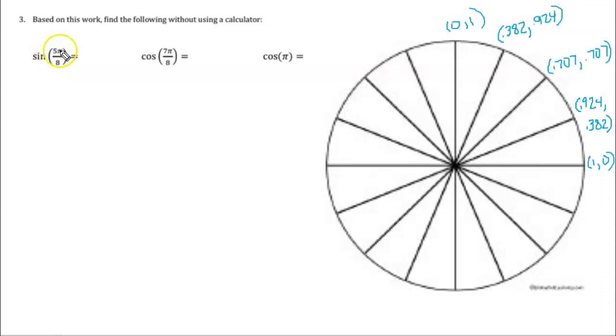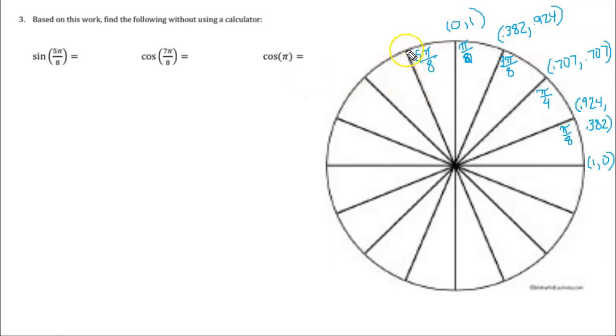So the sine of 5 pi over 8. Well, where is 5 pi over 8? If you remember, we were counting by eighths. So this was 1/8. This was 2/8, which is 1/4. This was 3/8. This was 4/8, which is 1/2. And here's 5/8.